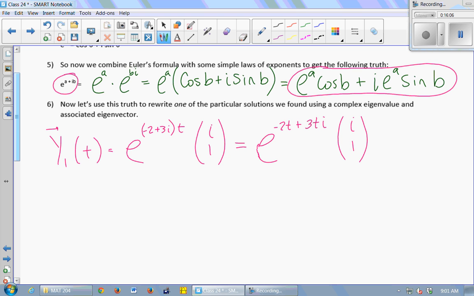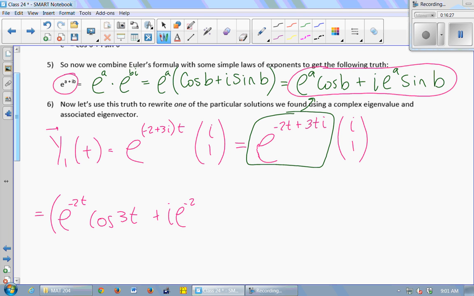Okay, so now I'm going to simplify this using that formula. So this is going to become e to the -2t cosine 3t plus i e to the -2t sine 3t, times the vector v1.